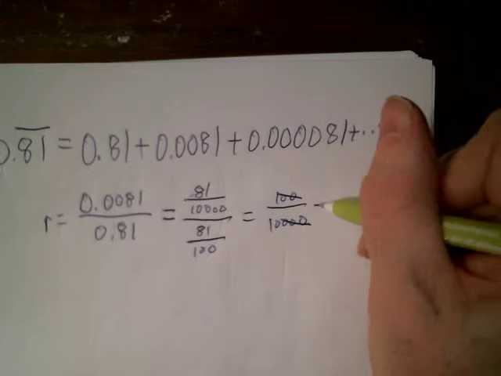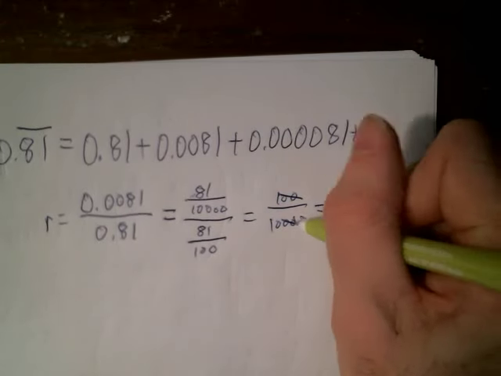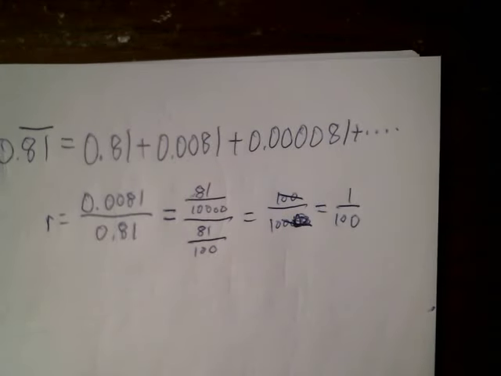Then you can remove zeros, and it's just 1 all over 100. Oops, I removed too many zeros there. It's 2 zeros.